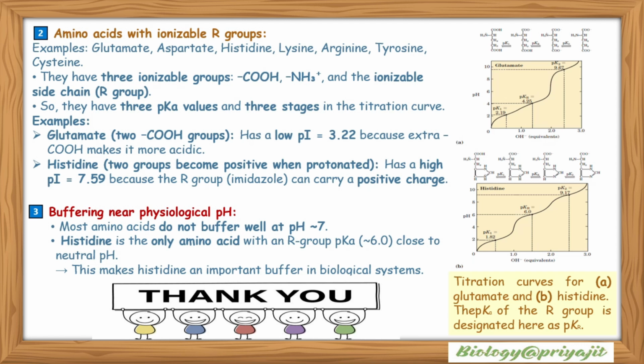These properties form the chemical foundation of protein structure and biological function. Mastering them gives you the key to understanding deeper biochemical processes essential for undergraduate, postgraduate, and NET life science studies.